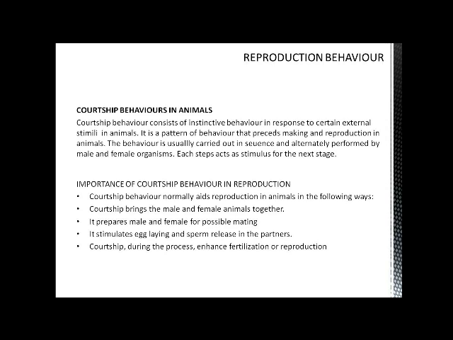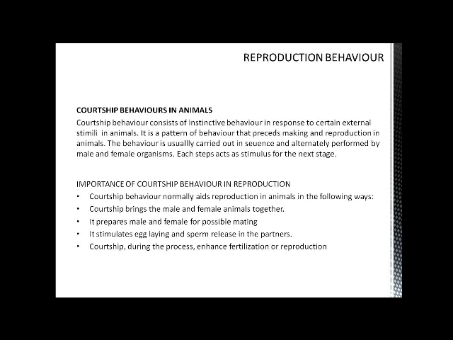It is a pattern of behavior that precedes mating and reproduction in animals. When these things happen, then it is a clear sign that mating is going to take place, or sex that has to do with reproduction or giving birth is going to be achieved. So this is what courtship behavior in animals is telling us.